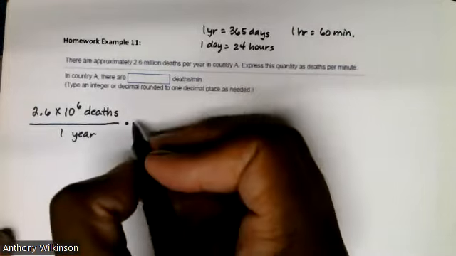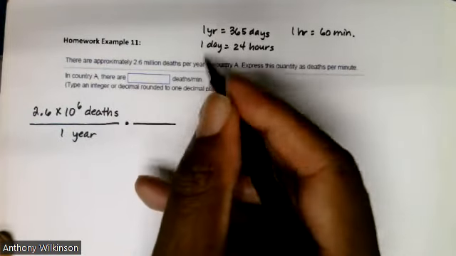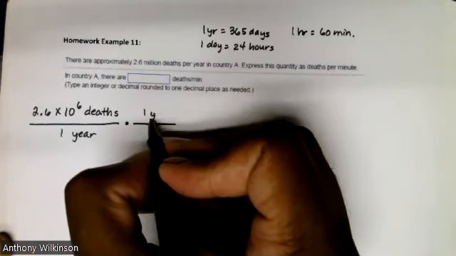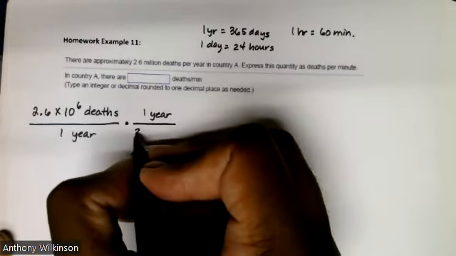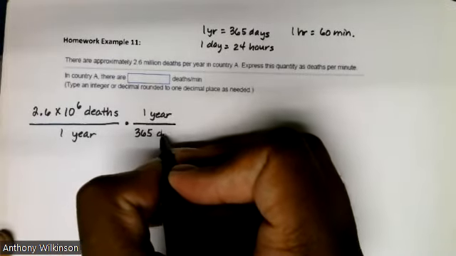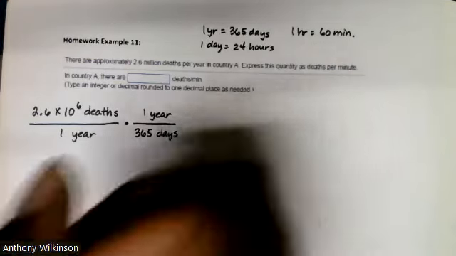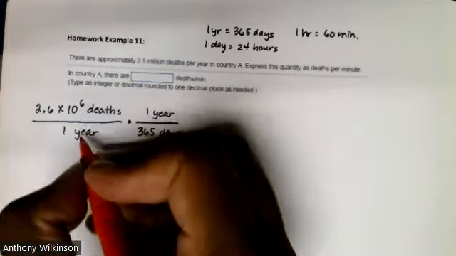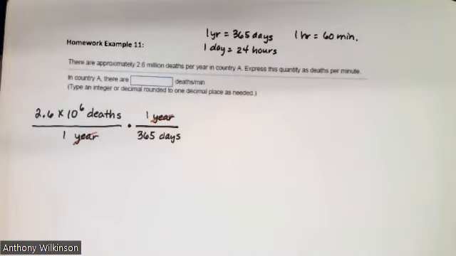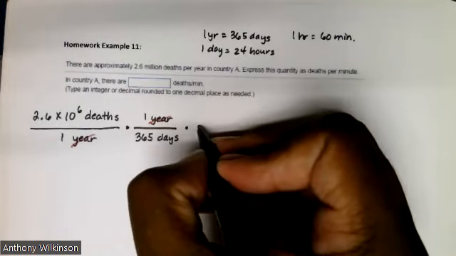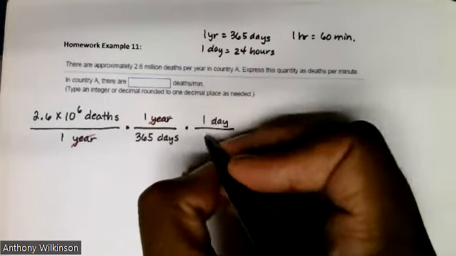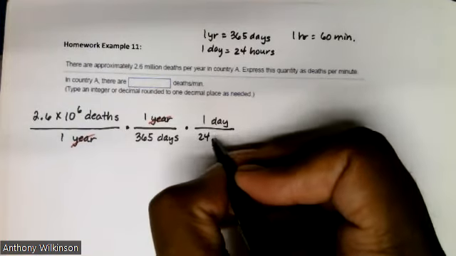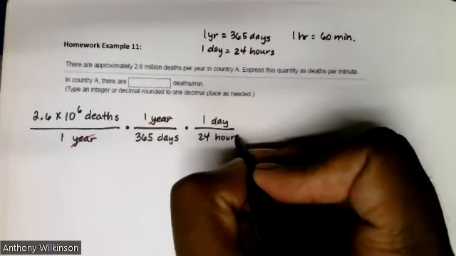So here's our unit analysis. We need to get rid of the year. 1 year goes in the numerator, and there are 365 days, so 365 goes in the denominator. That way the years divide out. And then, of course, 1 day is 24 hours. So next, 1 day has to go in the numerator so we can divide it out, and that's equal to 24 hours.